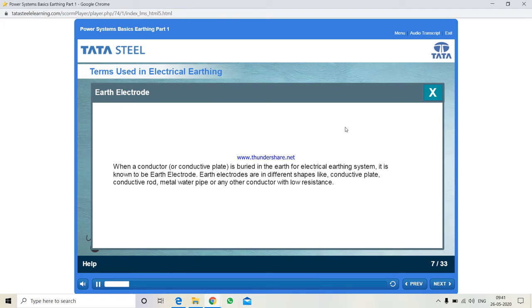Earth electrode. When a conductor or conductive plate is buried in the earth for electrical earthing system, it is known as earth electrode. Earth electrodes are in different shapes like conductive plate, conductive rod, metal water pipe or any other conductor with low resistance.